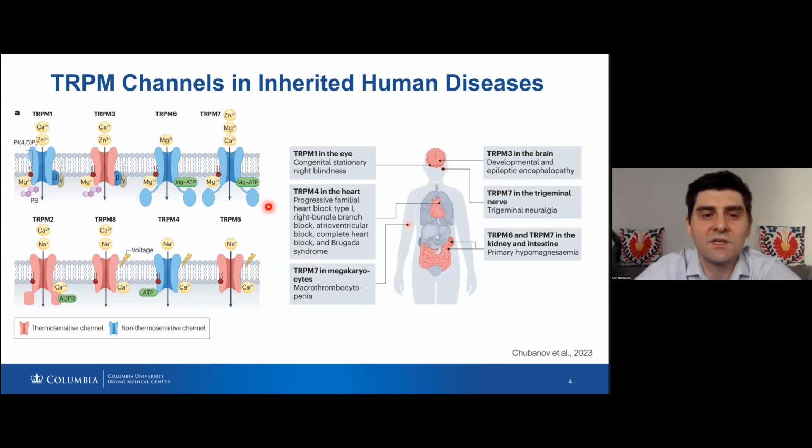And what is interesting about this particular channel and its highly homologous TRPM6 channel, they have this kinase domain that has kinase activity and does a lot of stuff in the human body apart from just being a channel.